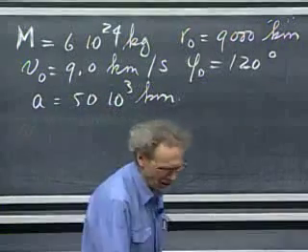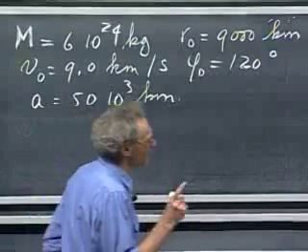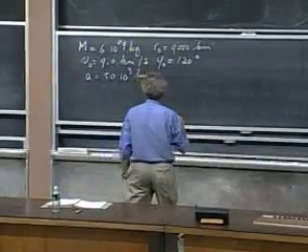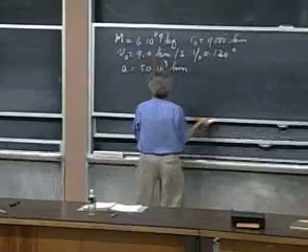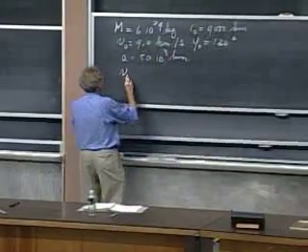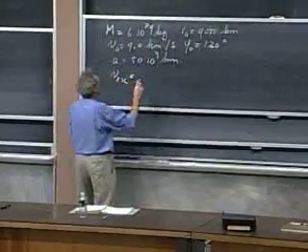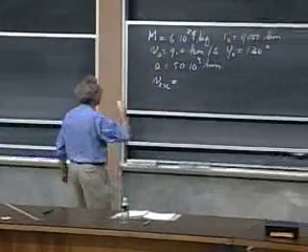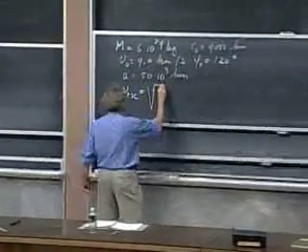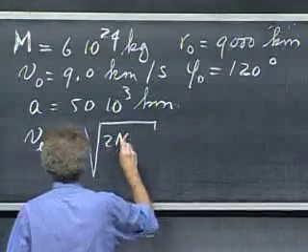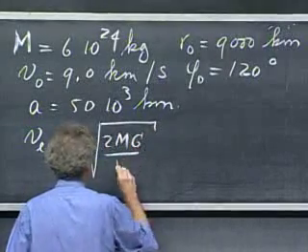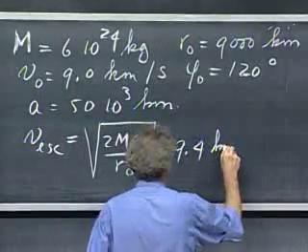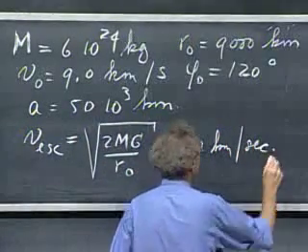Why is that so large? Well, the answer lies in evaluating the escape velocity. The escape velocity of this little mass, when it is at position D, for which these are the input parameters, is the square root of 2MG divided by r0. And that is 9.4 kilometers per second.